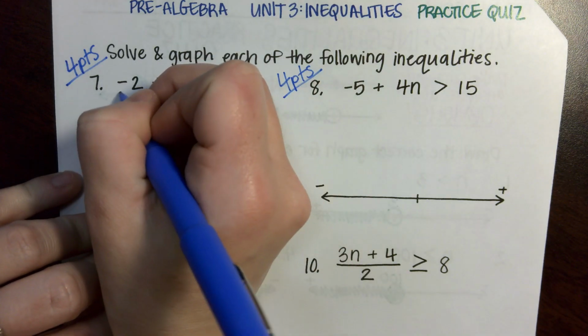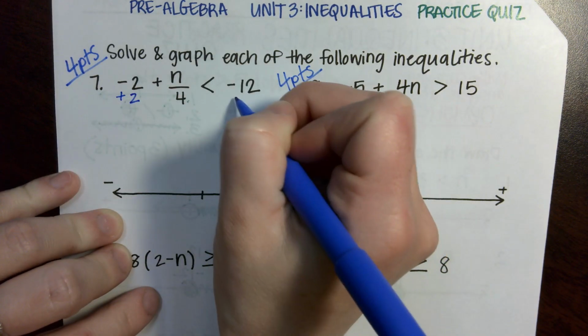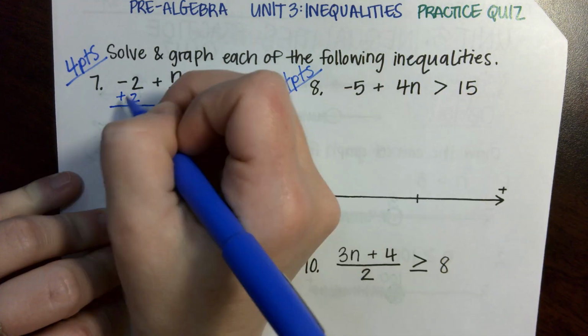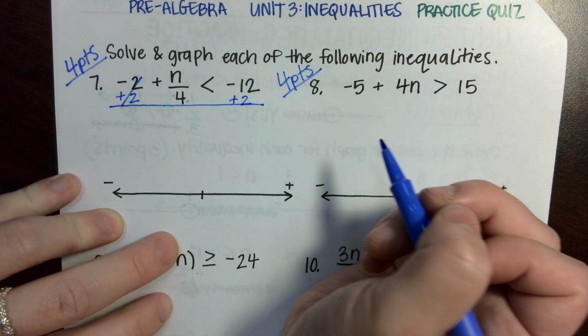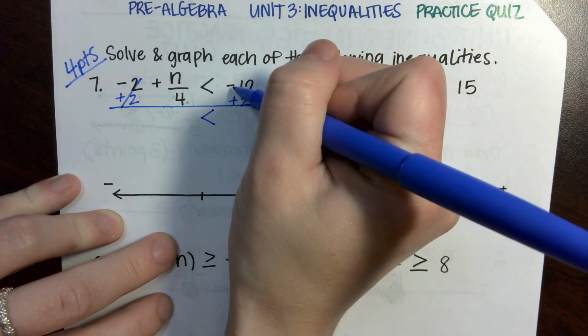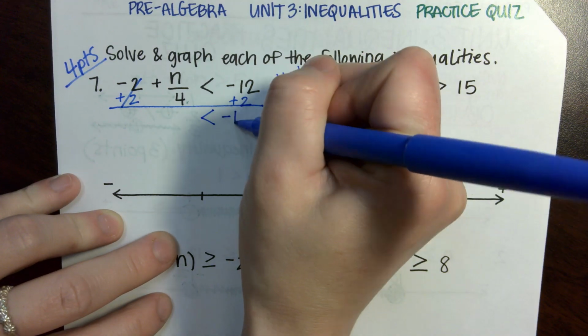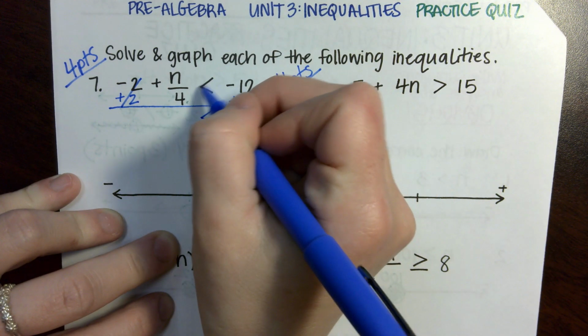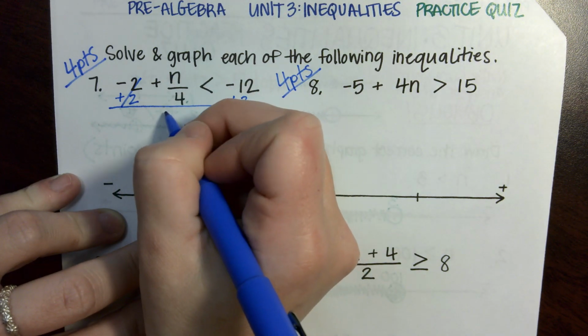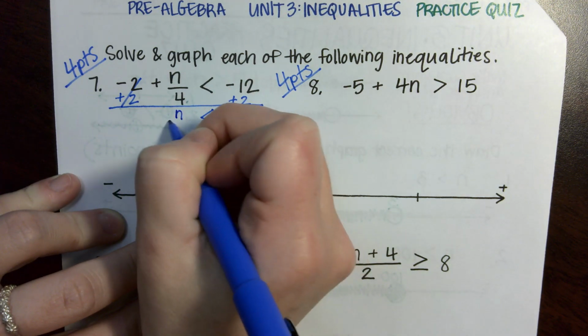Add 2. Good. Okay, my 2's will cancel. So I'm left with negative 12 plus 2 is negative 10. And then I've got my less than sign, and I have n divided by 4 still left.